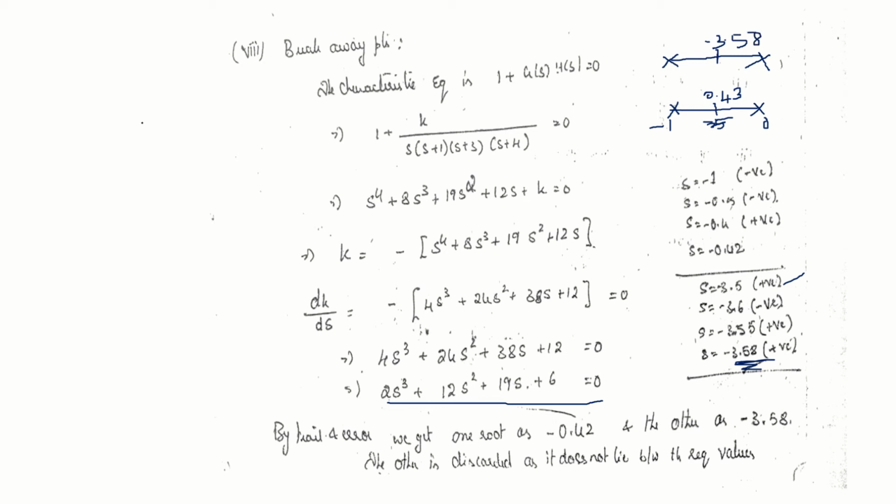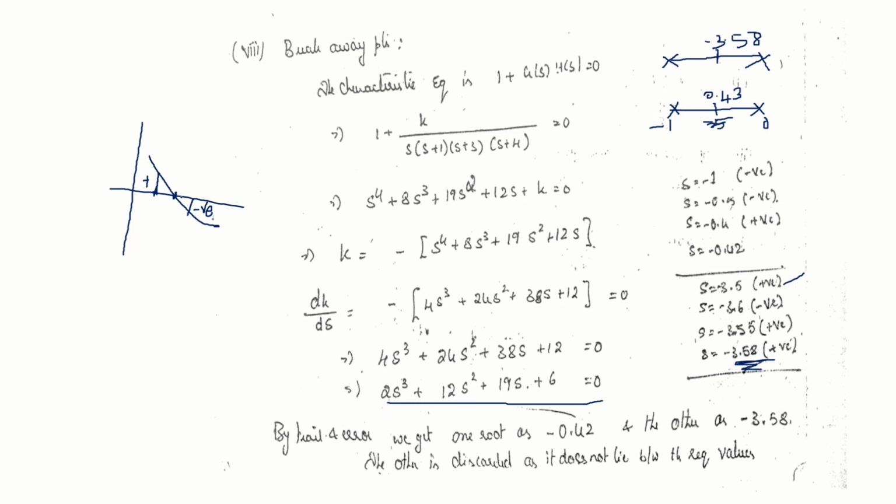So whole logic is, if you plot a function for one value of s, you get positive. For another value of s, you get negative. Then this point must be in between.